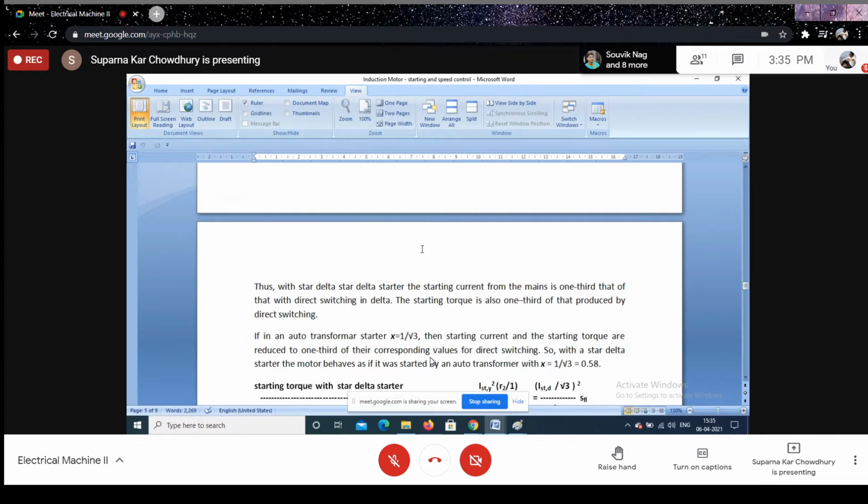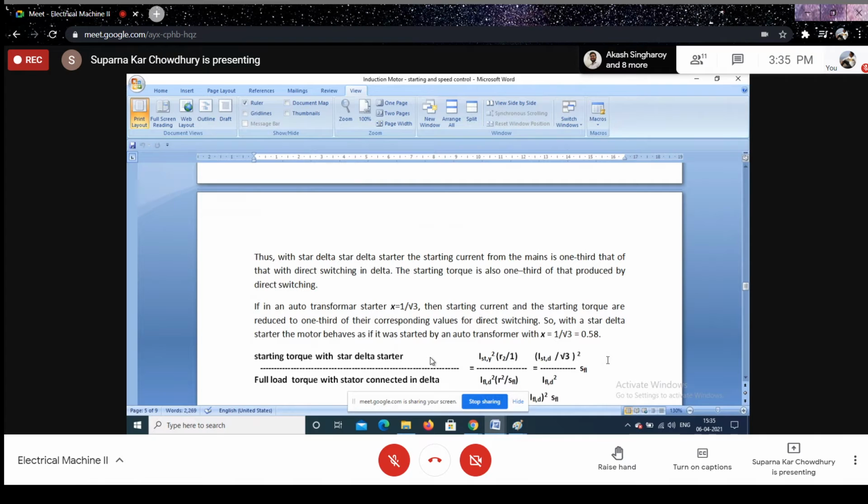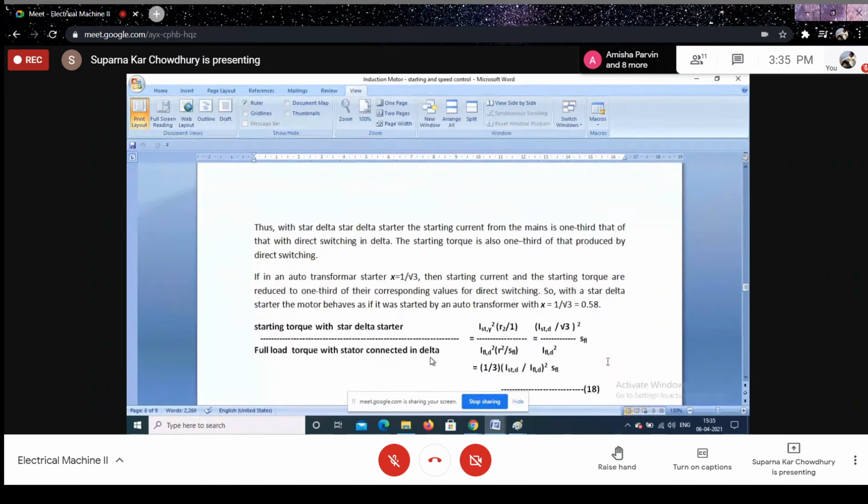So with the star delta starter, the motor behaves as if it is started with an auto transformer with ratio 1 by root 3. Starting torque with star delta starter by full load torque with stator connected in delta will be current squared into R2 by S, and here also current squared into R2 by S full load.